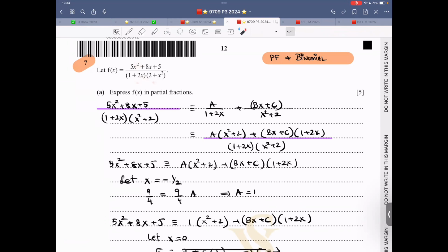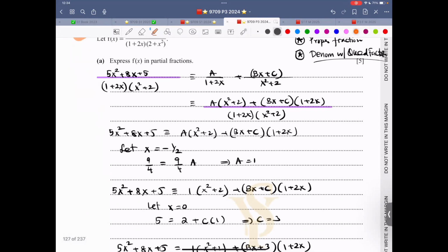Which case is this? This is a denominator with a quadratic factor. Of course, a linear factor is also there, but the dominant factor is the quadratic. And second thing was that it is a proper algebraic fraction. So now we have a constant over the linear factor, bx plus c inside a bracket over the quadratic.